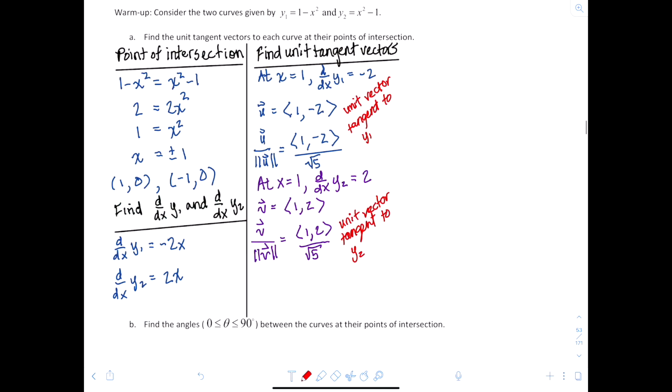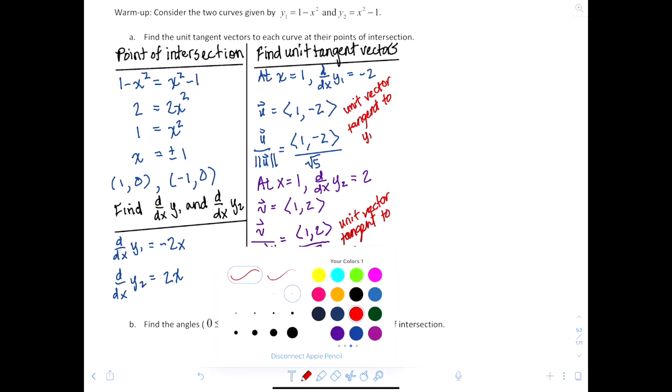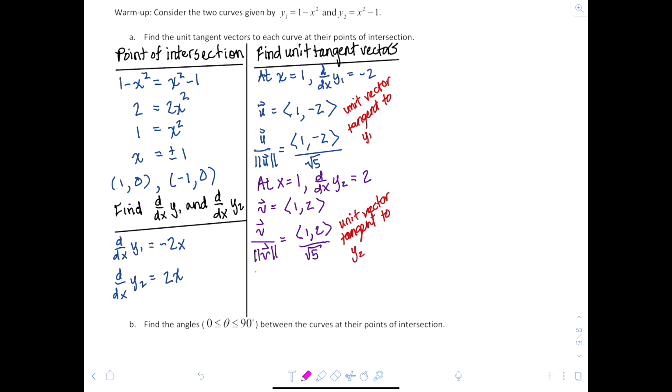So continuing, let's see what we have going on. So at x equal to -1, d dx of y1 would now be -2 times -1, so we get a positive 2.